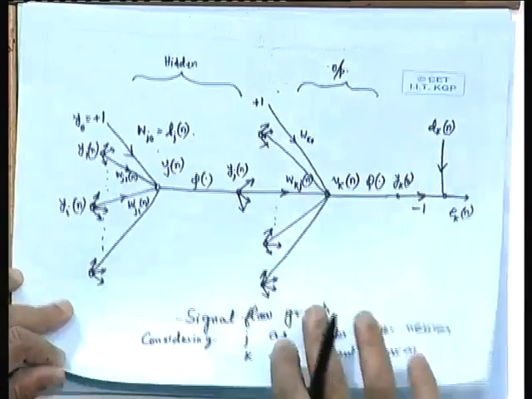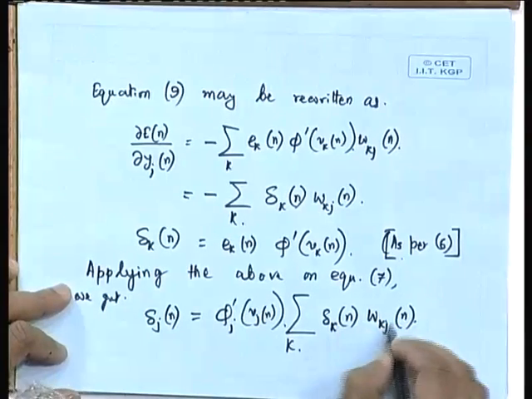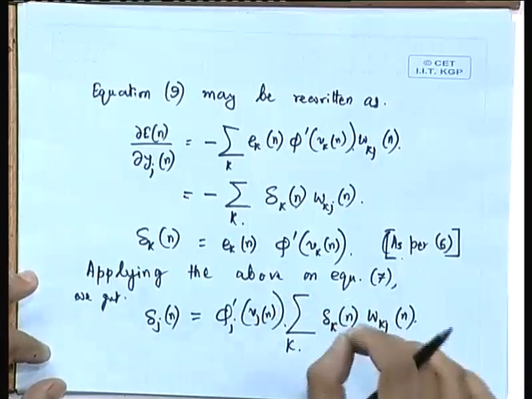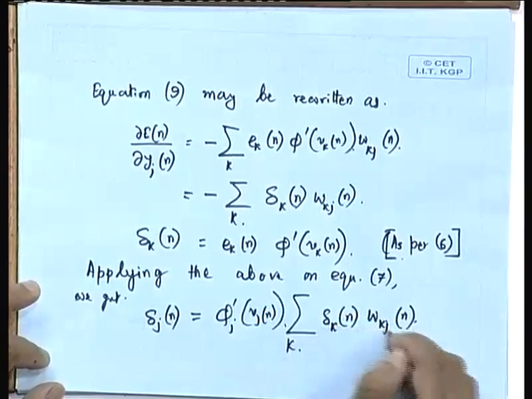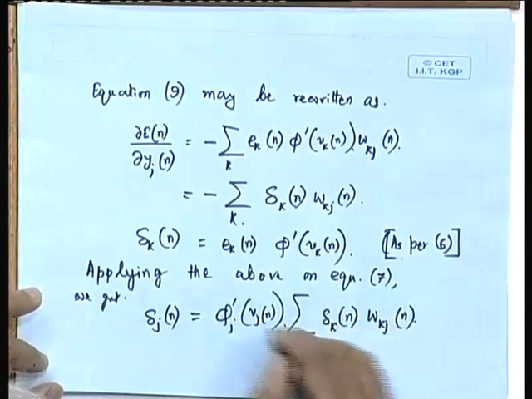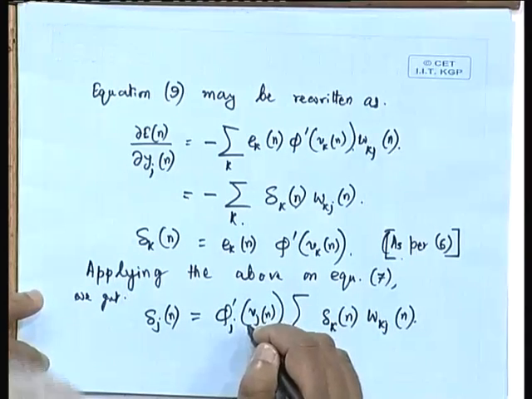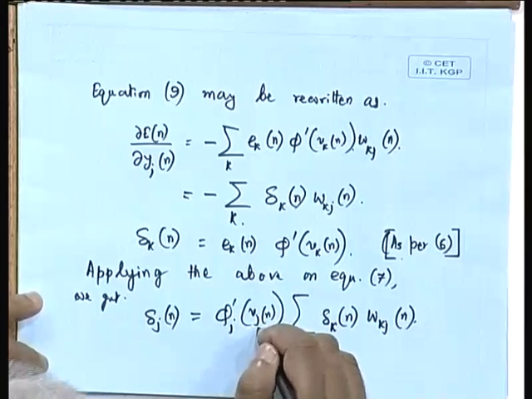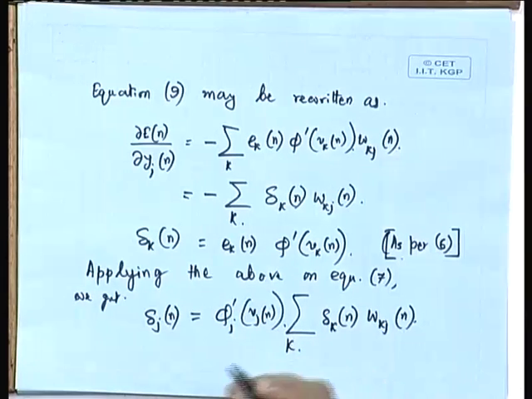Since we are summing it over all the k's, whatever local gradients we have at the outputs, we are considering the weighted summation over all that, and then we are multiplying it by the derivative of the activation function of itself, that is phi dash j, the derivative of the activation function of the jth neuron, and only then are we getting delta j.